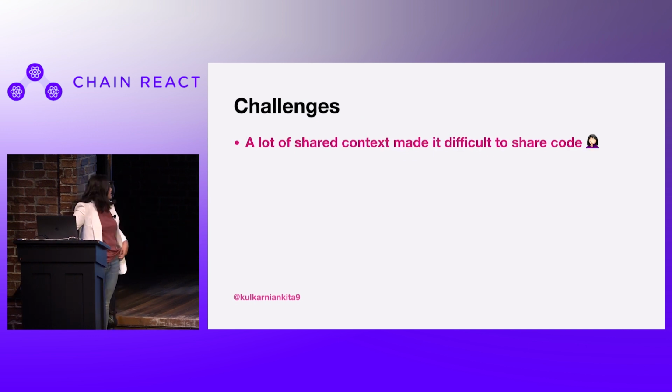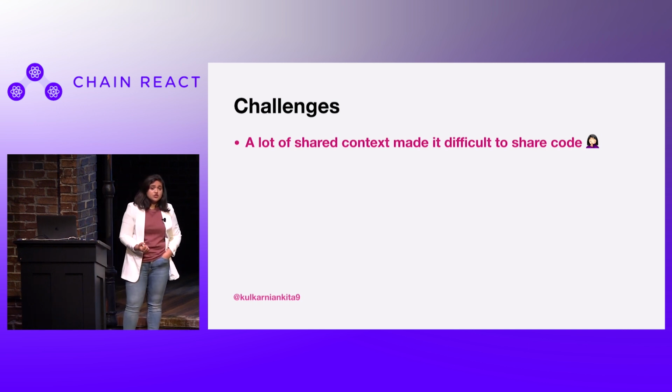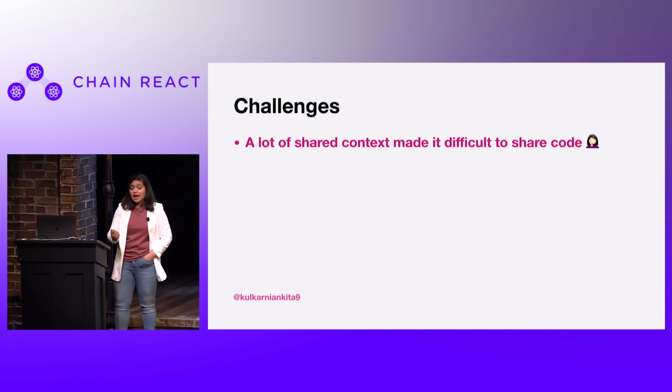So what were some of the challenges that I faced? Well, a lot of shared context made it really difficult to share code. Not just in terms of the business logic, but within the app itself, because we had so much shared context. For example, with login, specifically biometrics, Face ID, Touch ID, if the app goes in the background, we want to pop out the Touch ID or Face ID.